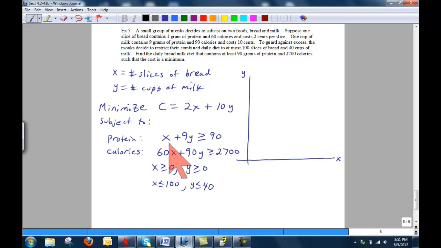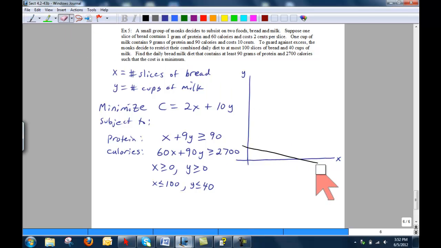If I look at the first one, x plus 9y equals 90, the associated line, we'll find out that the x-intercept is 90 and that the y-intercept is 10. Let me redo that.